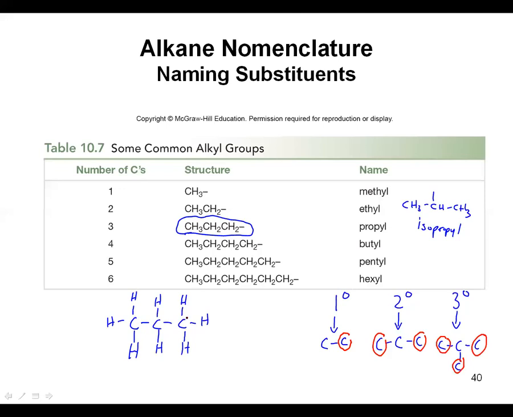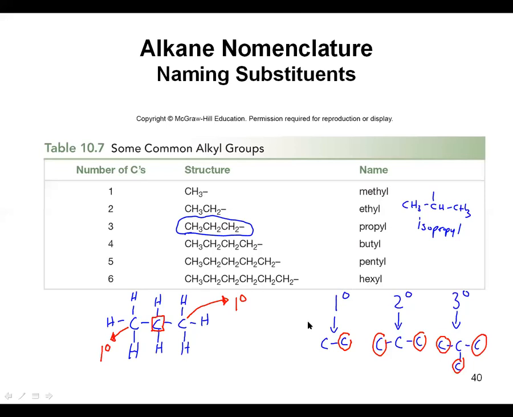So if we look at this carbon, this is a primary carbon. This carbon is attached to just one other carbon directly. This carbon at the end over here is also a primary carbon because it's attached directly to one other carbon.